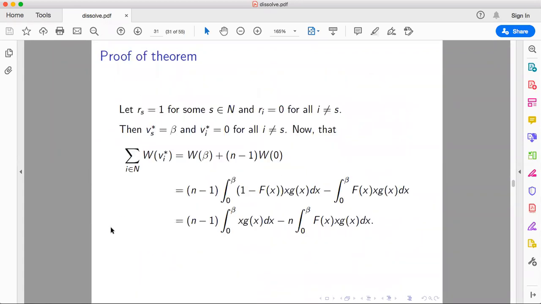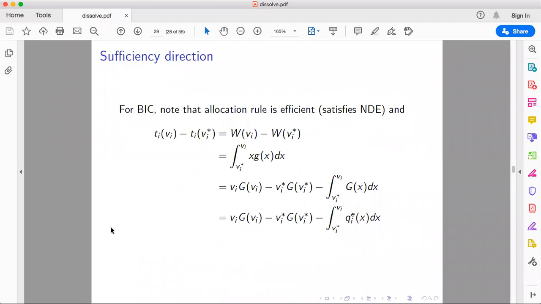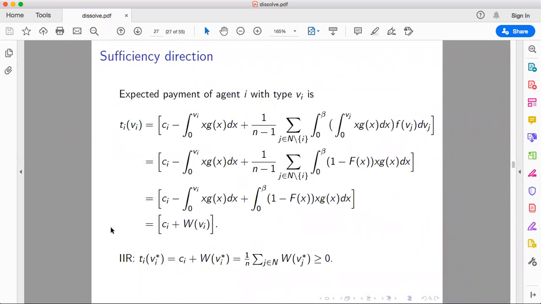In the sufficiency part, we gave one mechanism which will dissolve every dissolvable partnership. That is, anything which satisfies that inequality can be dissolved. But that mechanism need not be unique. There are many mechanisms which can work, but they just propose one.